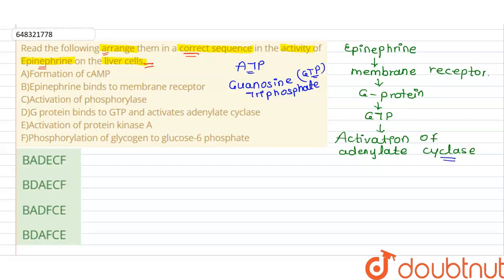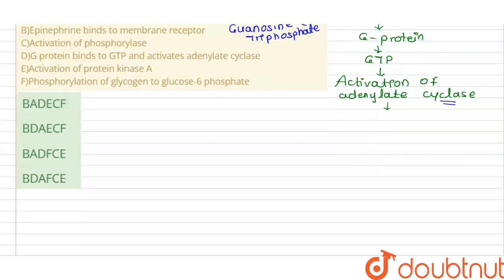So what will this cyclase do? It will cause the formation of a cyclic compound, and that cyclic compound is known as cAMP. So now what is this cAMP?